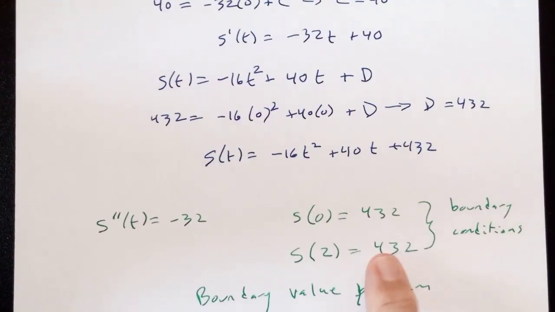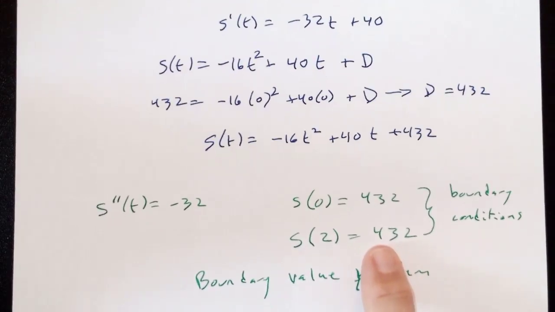I don't have any velocities here. What do I have? I have the position at two different times. I know this object at time 0 was at a height of 432. And 2 seconds later, it was also at a height of 432. It went up and it came back down. I don't know anything about speed, do I? But I can use that same information to solve.